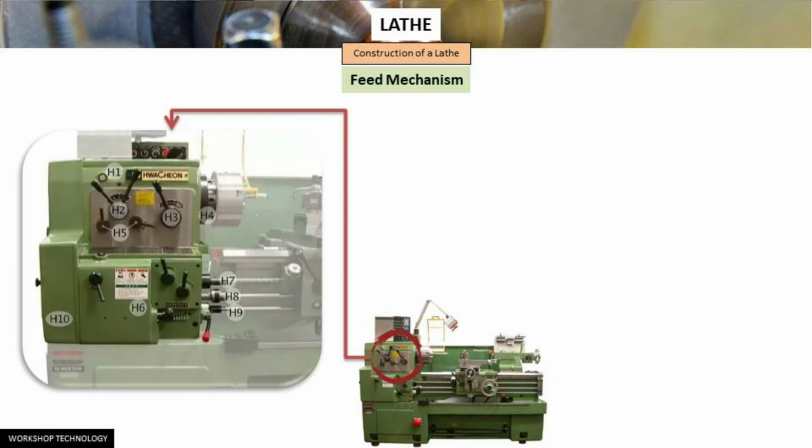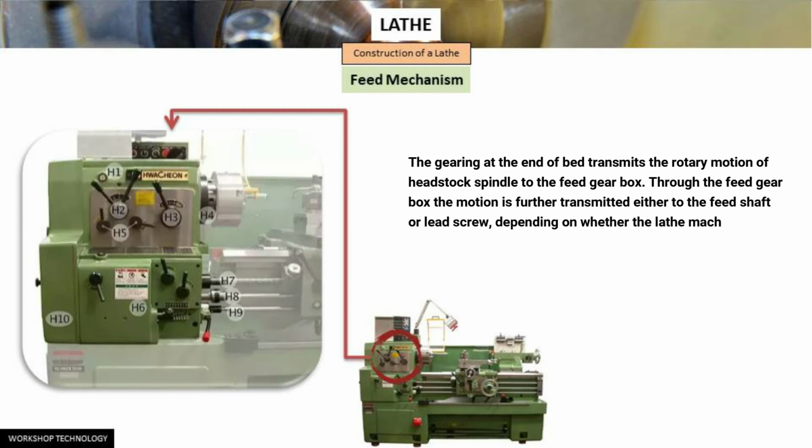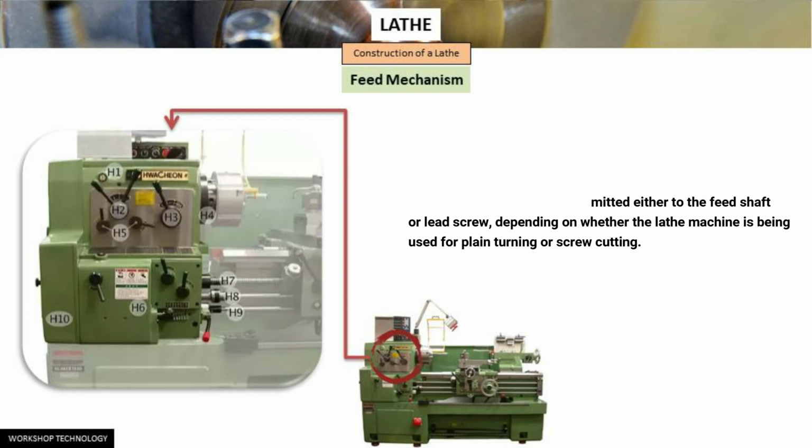The gearing at the end of the bed transmits the rotary motion of the headstock spindle to the feed gearbox. Through the feed gearbox, the motion is further transmitted either to the feed shaft or lead screw, depending on whether the lathe machine is being used for plane turning or screw cutting.